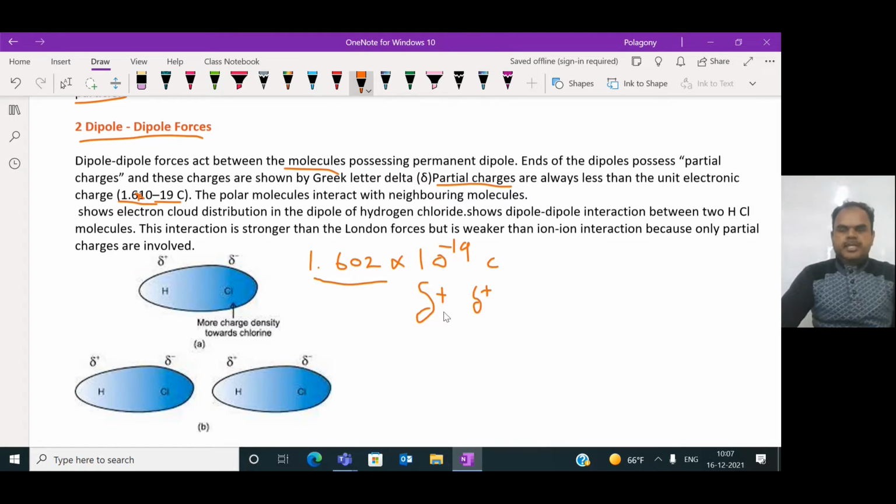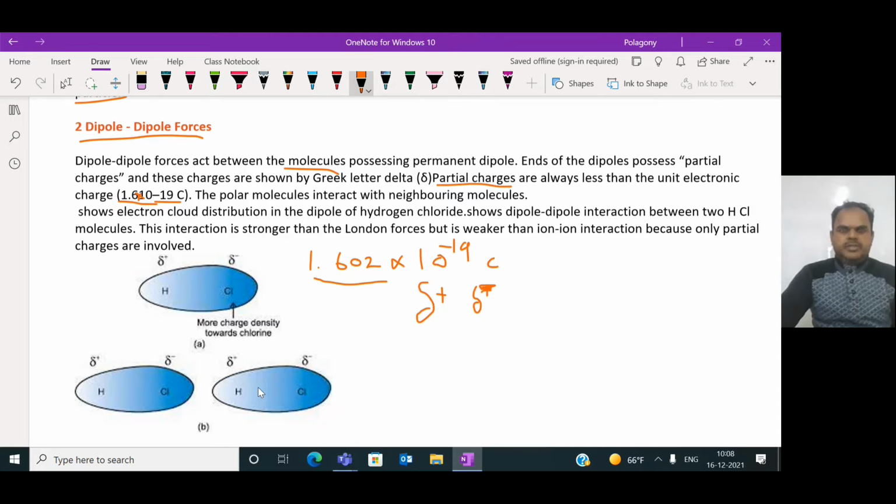Less than this charge is said to be delta positive or delta negative. Okay, and the dipole forces, compared with the dispersion forces, are very strong. These are the strong forces operated between dipole molecules like HCl and HCl.